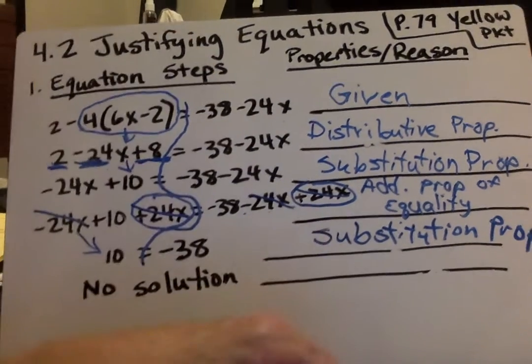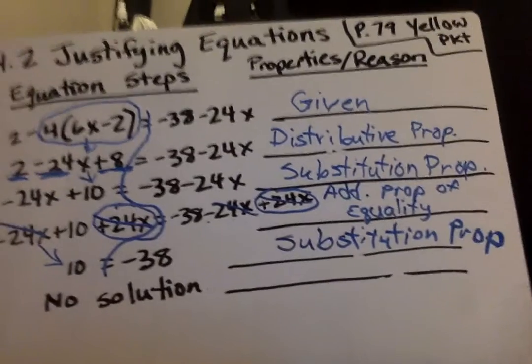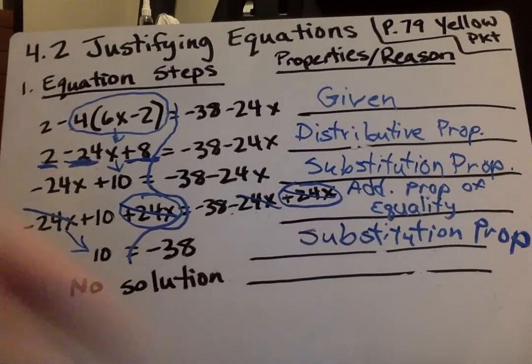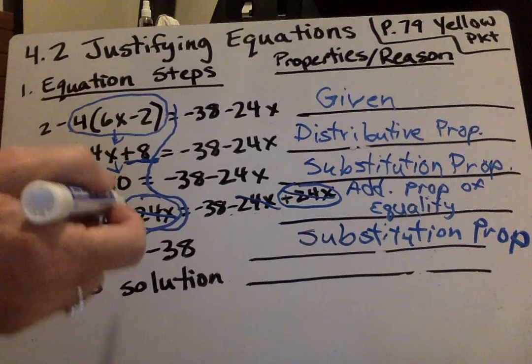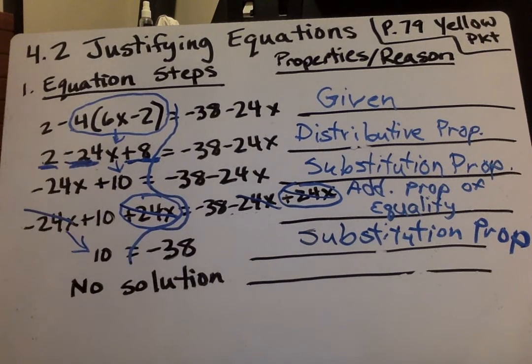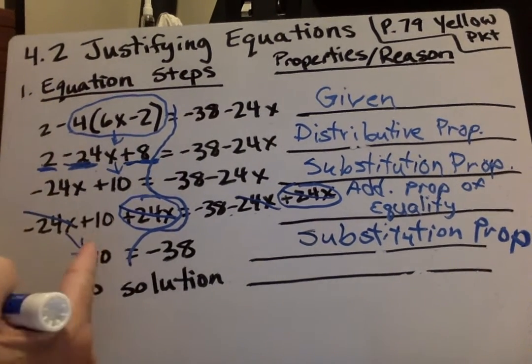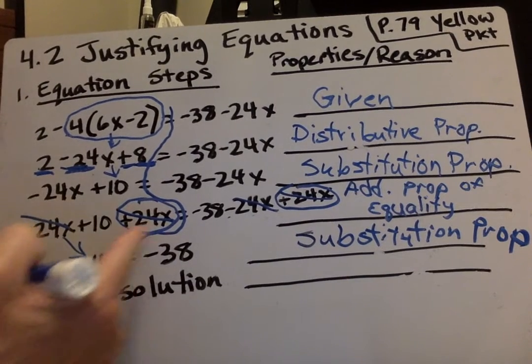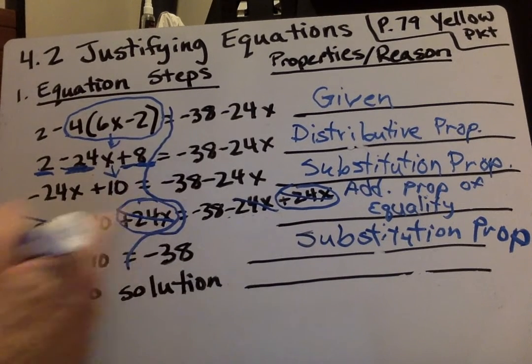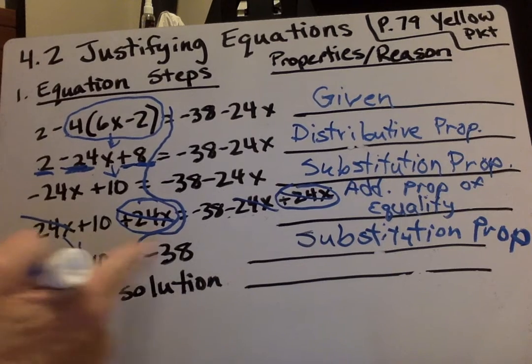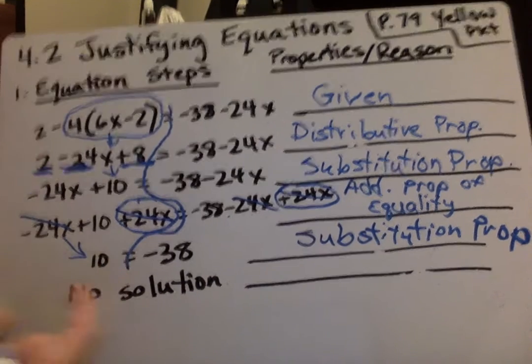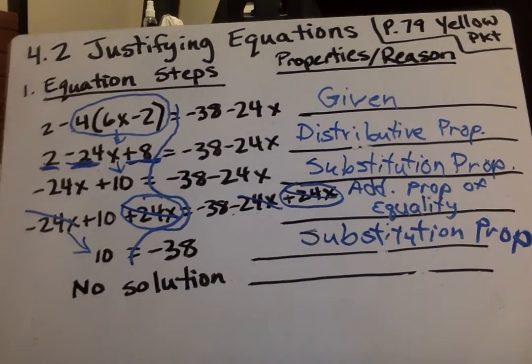Hopefully you can see that okay. Then it drops out and we say, okay, the x's are gone. Does 10 equal negative 38? Now, when your variable goes away on both sides of the equation, 10 equals negative 38? Well, that's not true, is it?